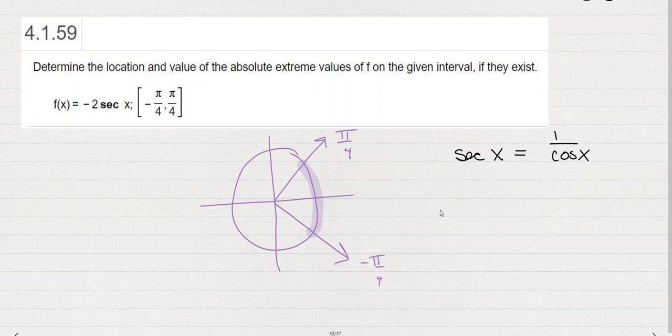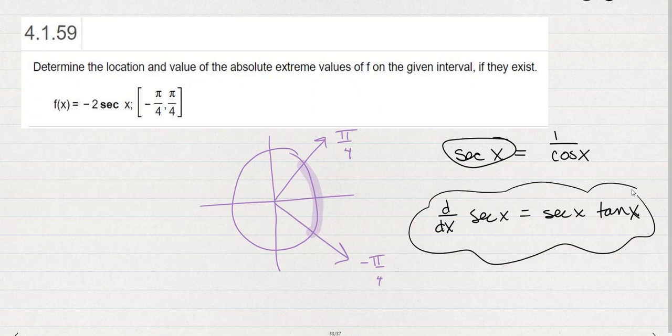Notice that if I wanted to do the derivative of secant, I'd get secant tangent. So those are a couple of things that you want to note before we even start. Let me show you how I worked this out.